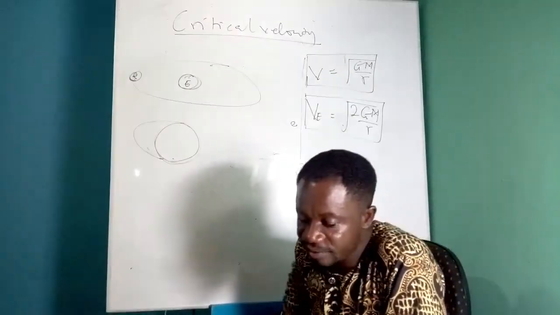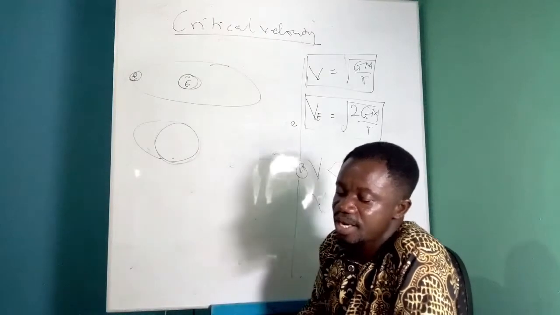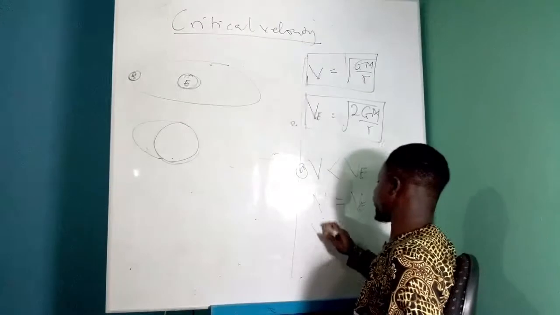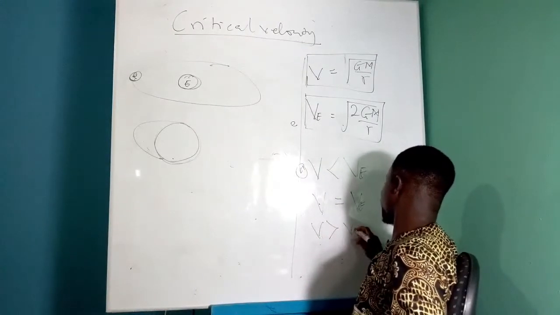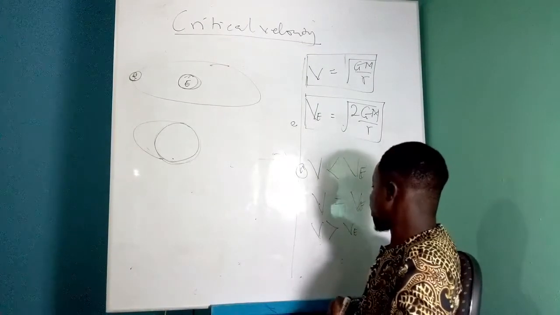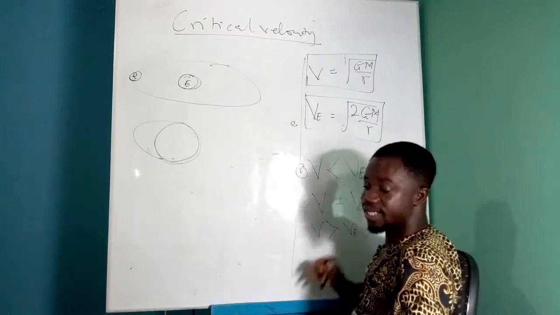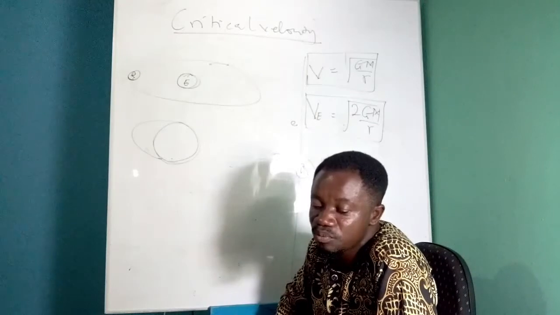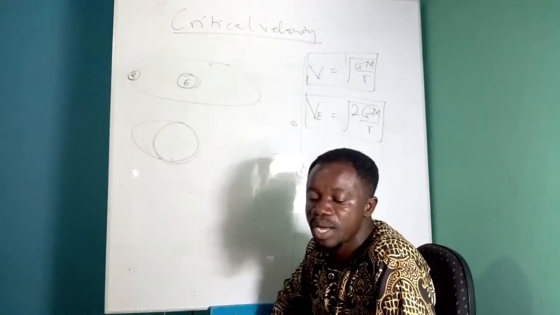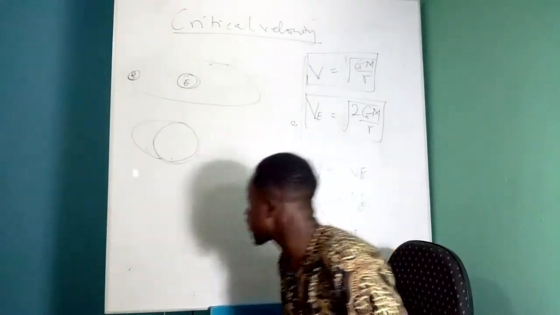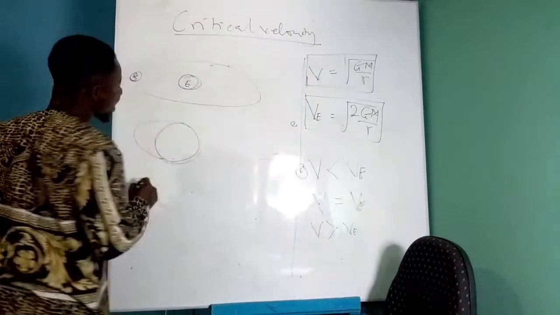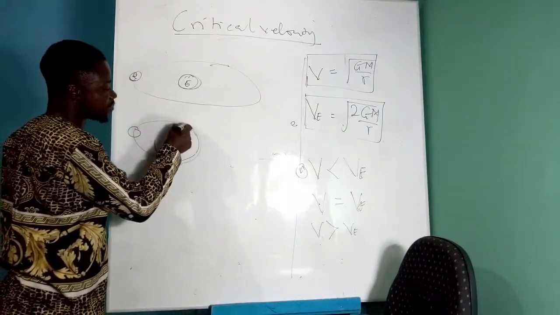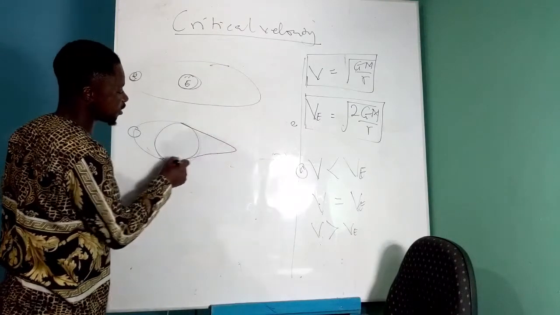Then 3. When V is greater than VE, that is when the critical velocity is greater than the escape velocity, then the satellite will move in a hyperbolic orbit. This is the satellite. The satellite will move in a hyperbolic orbit like this.